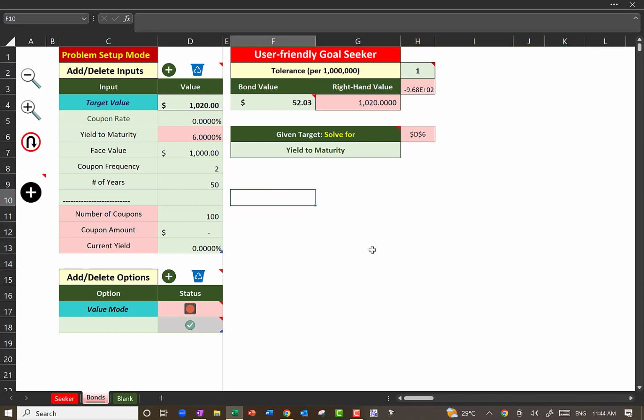Okay. But for now, let's do this. Let's kind of do a table here. Of course, I want that sort of a standard format.